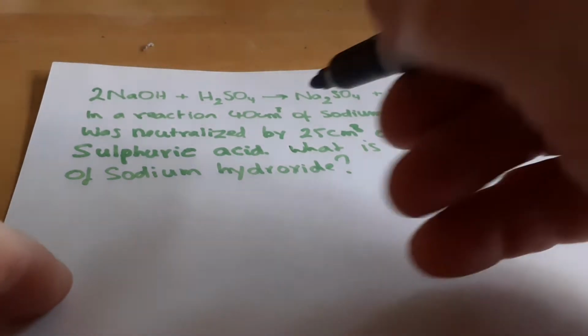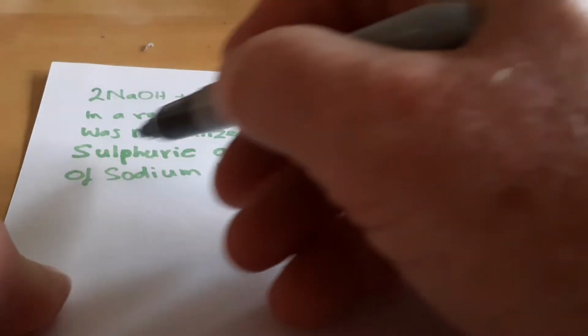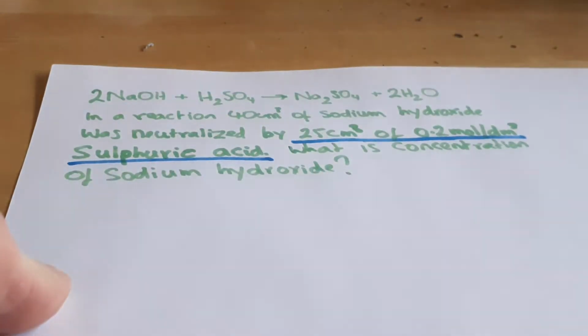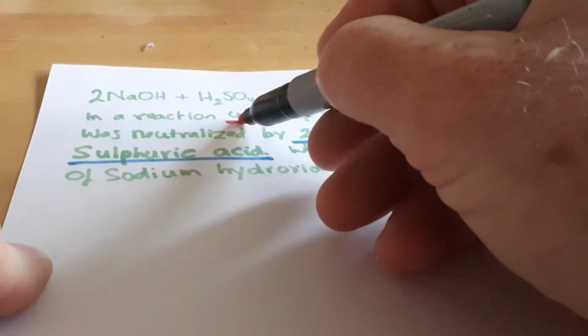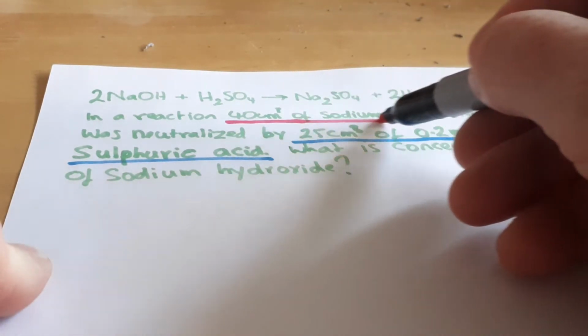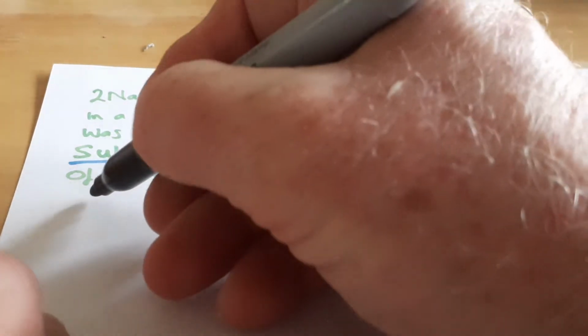So again, we've got the volume and concentration of sulfuric acid, so we can work out the number of moles. We're given the volume of sodium hydroxide, so we know we've got to work out the concentration. So let's start where we should, with sulfuric acid. Moles H2SO4.